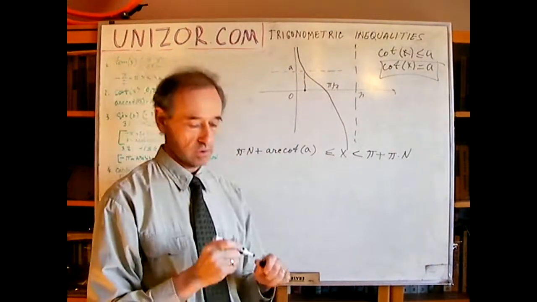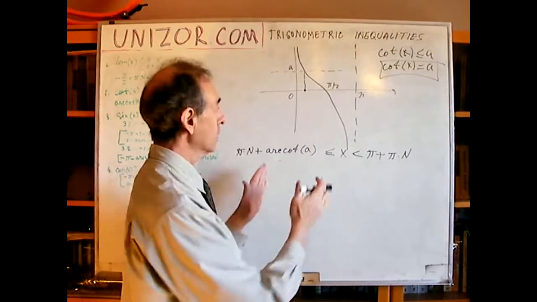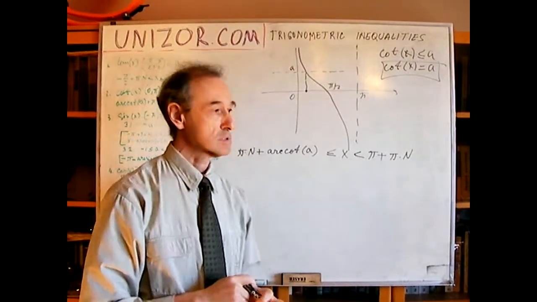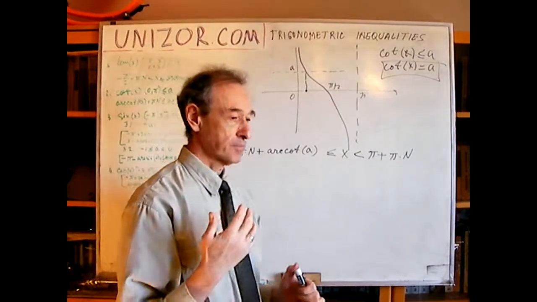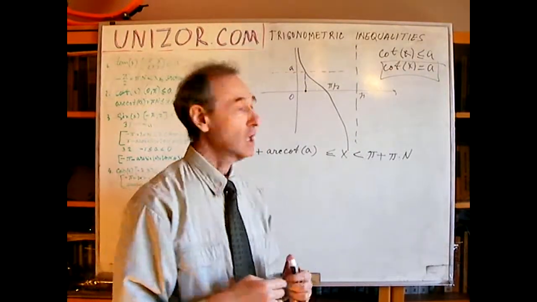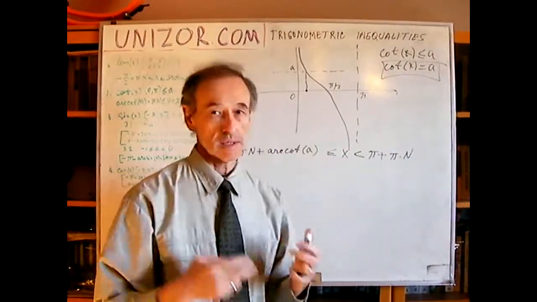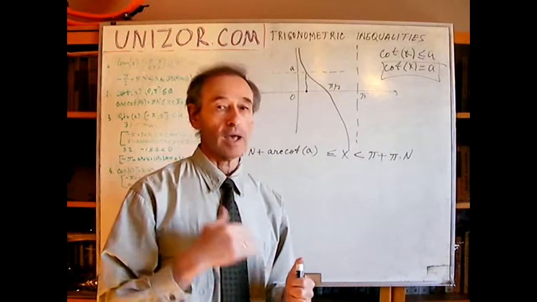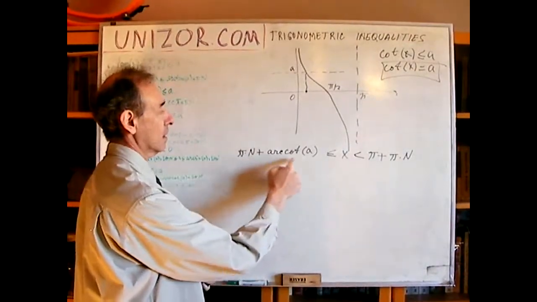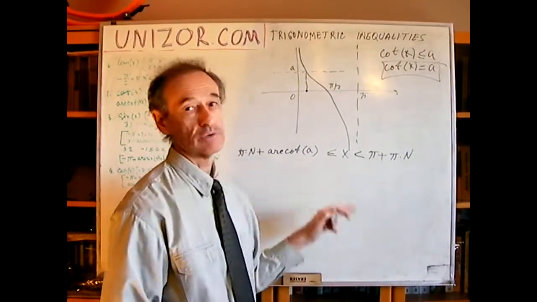That's the general solution. It's exactly the same as in case of a tangent. It's a small interval within the period, and then I expand it to all the periods. And what's the kind of simplicity in case of tangent and cotangent? Because the interval of periodicity, which in both cases is pi, is the same as an interval of monotonic behavior and existence of the inverse trigonometric function for any real value a.